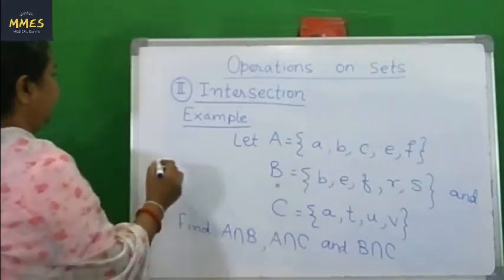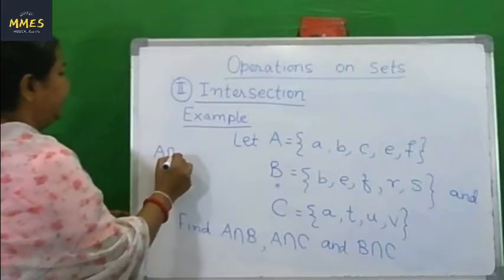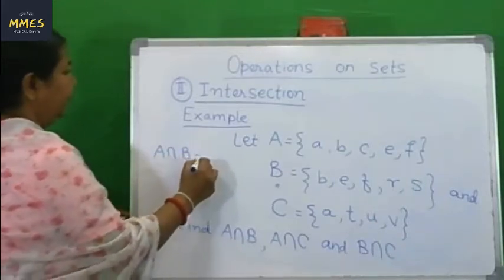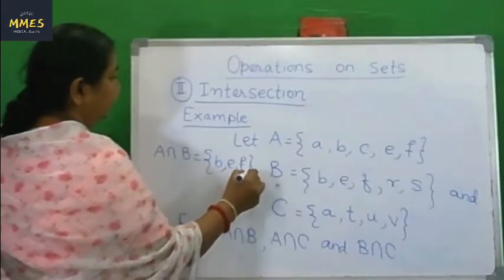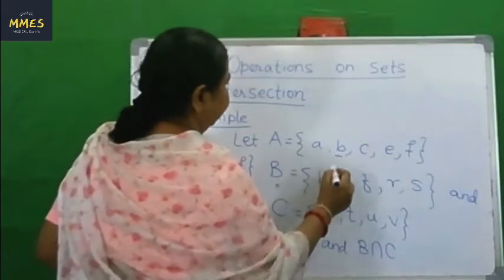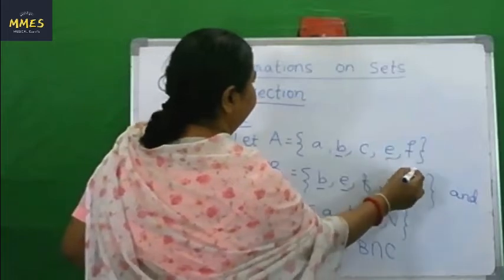So A intersection B will be equal to {b, e, f}.